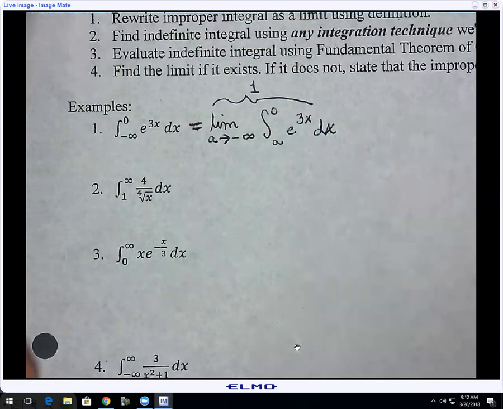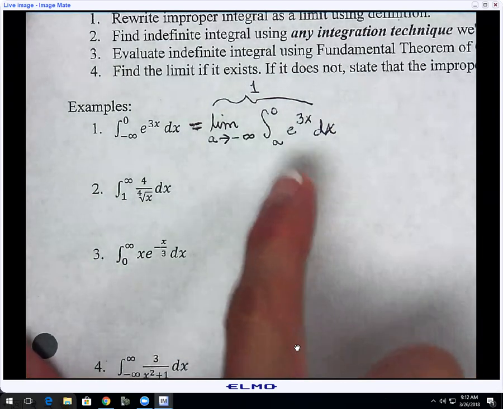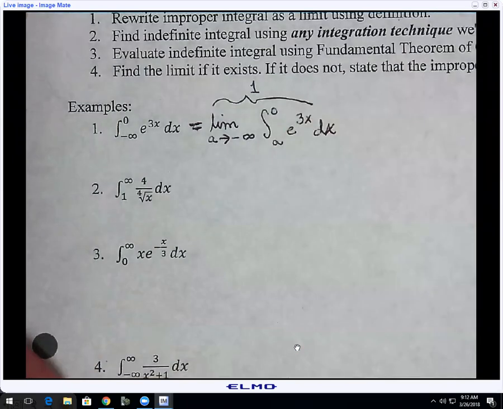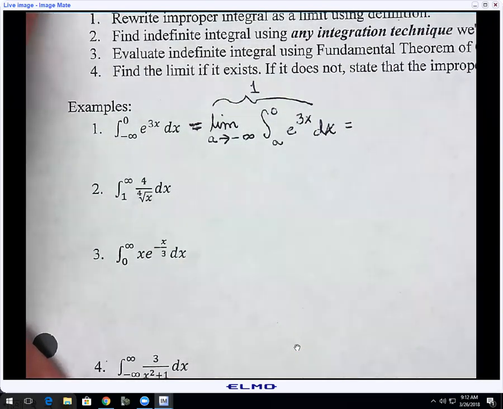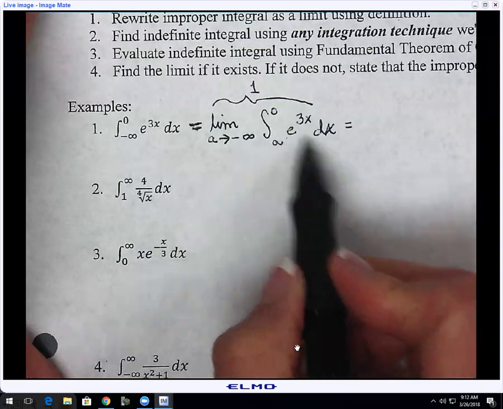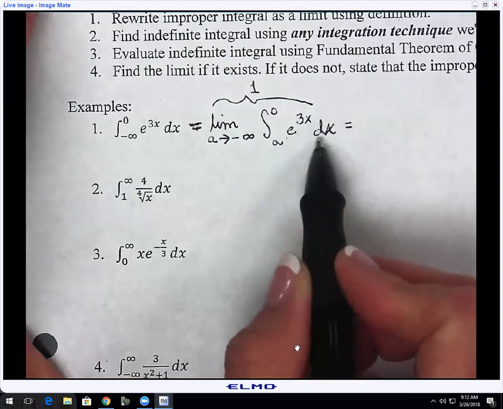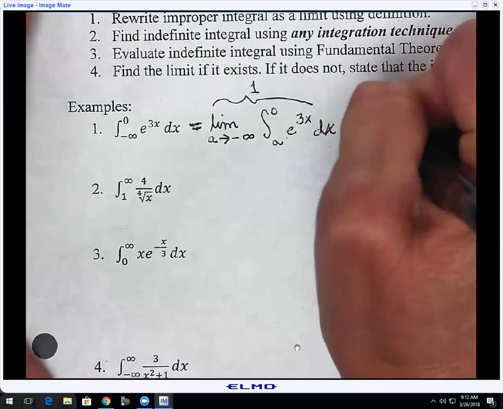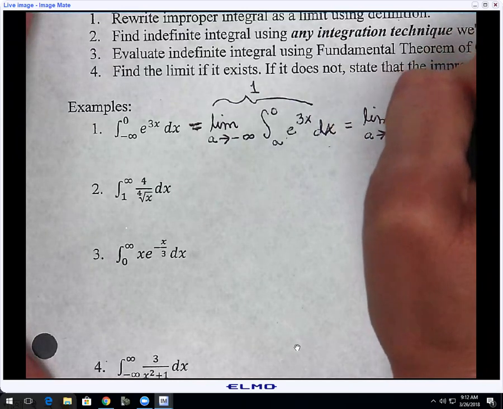Step 2, we need to integrate that and find the indefinite integral for e to the 3x dx. What would that be? To integrate it, I'd have to have a 3 as part of the derivative. And to get a 3 as part of the derivative, I'd have to have a 1/3 out in front of the integral.